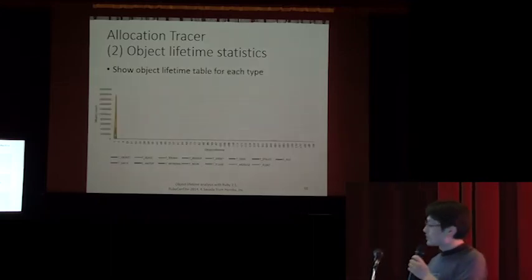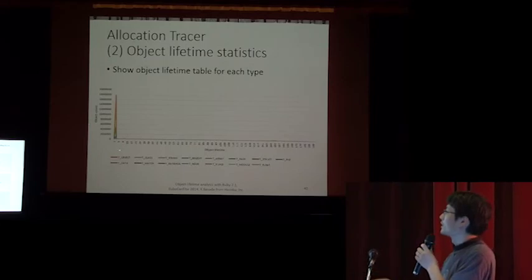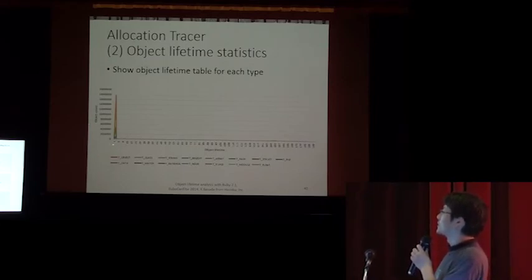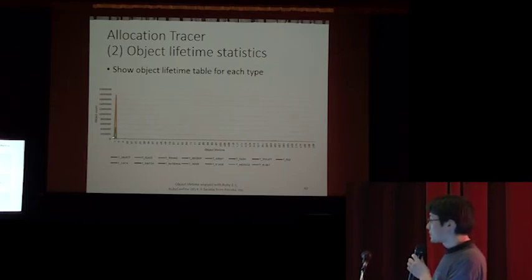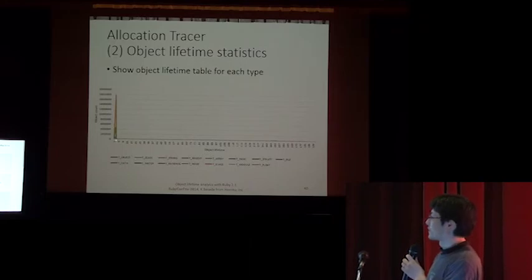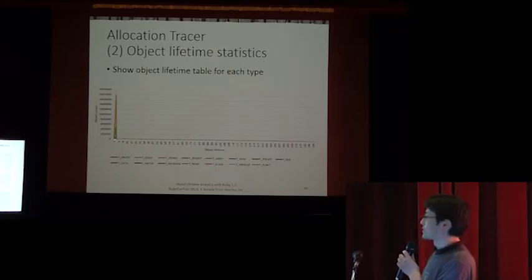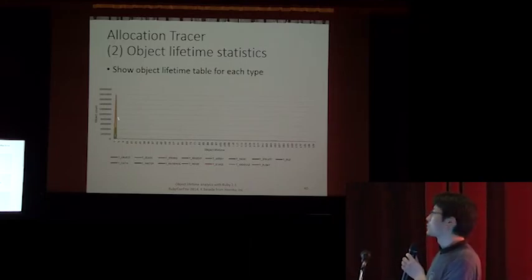So with Excel, we can see the age of objects. So this is age. This means that most objects die immediately. Most objects.